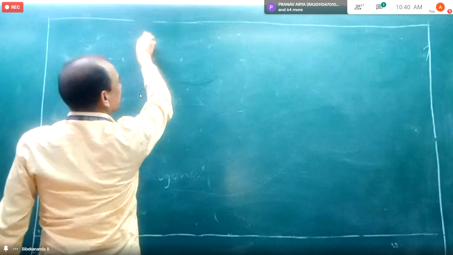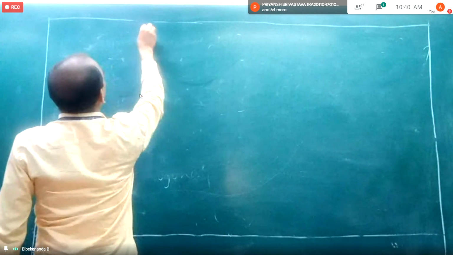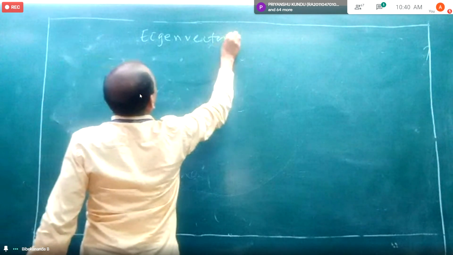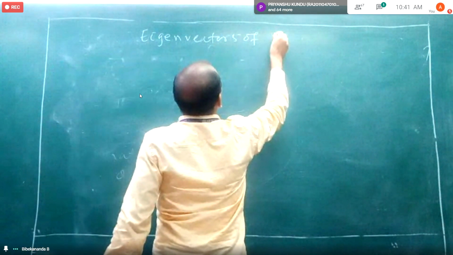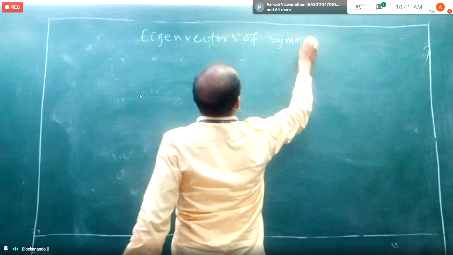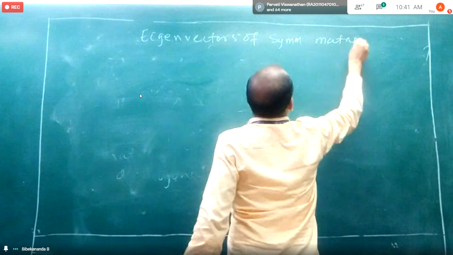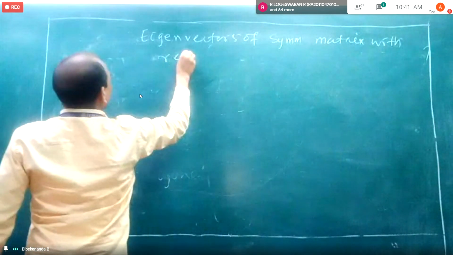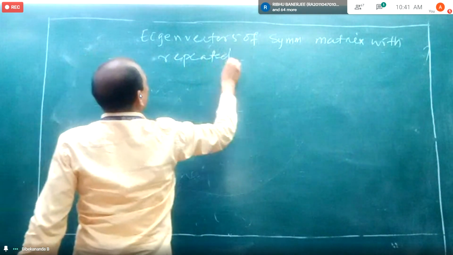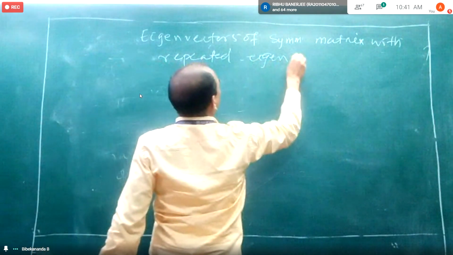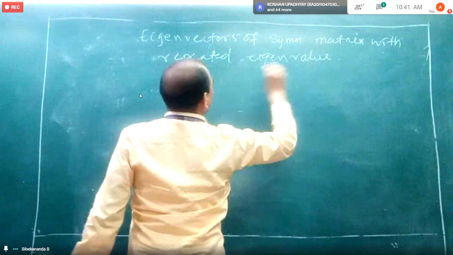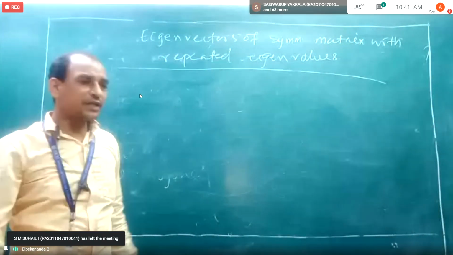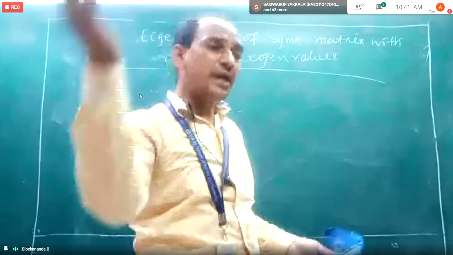Eigenvectors of a symmetric matrix with repeated eigenvalues. The eigenvalues will be repeated and the matrix itself will be symmetric.